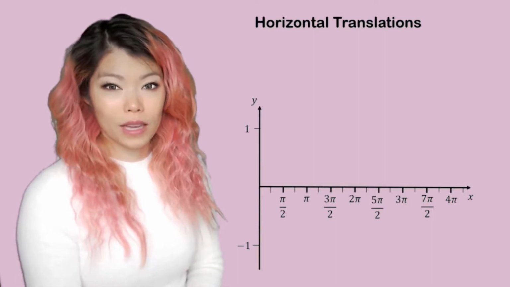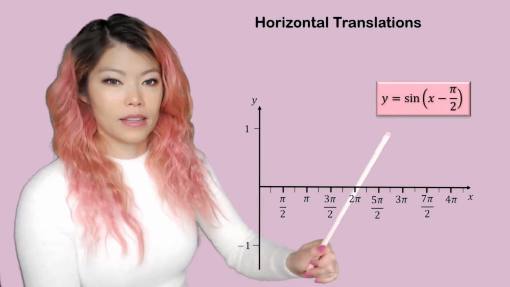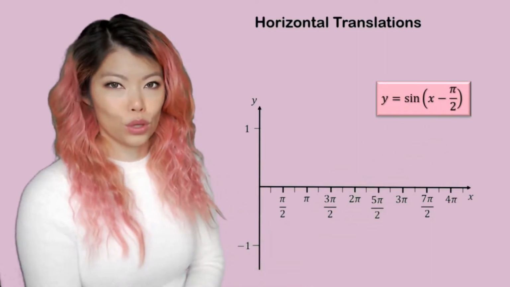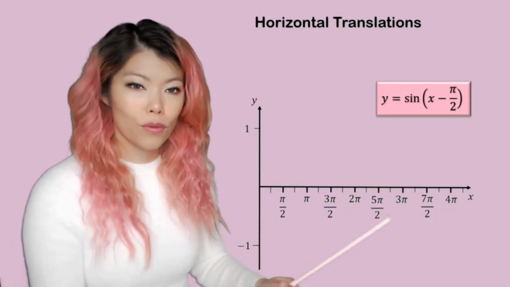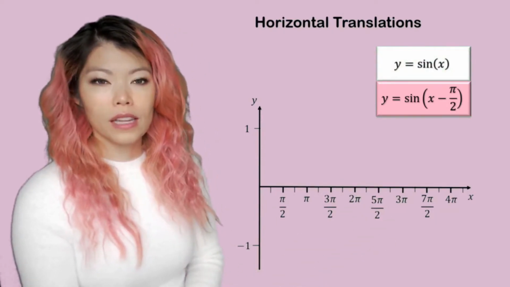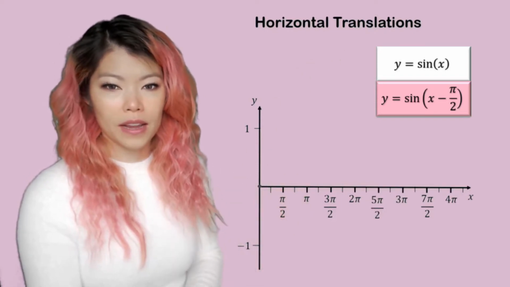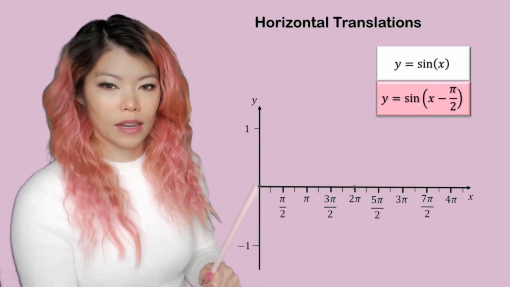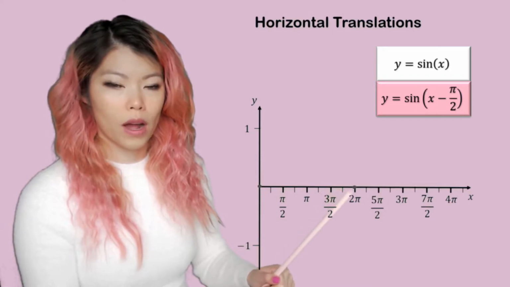So let's have a look at some graphs. Let's say we had sine (x minus pi on 2). So this time we're shifting to the right by pi on 2. First let's sketch the original graph of sine x, which means we start at 0 and it's 2 pi a period.